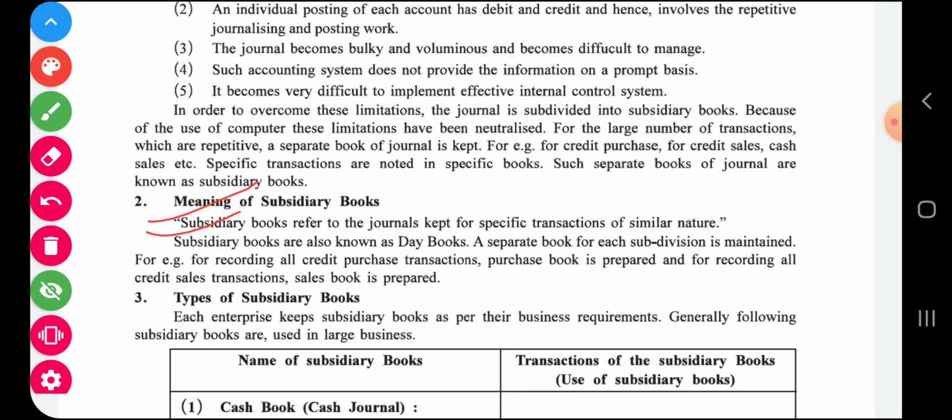Subsidiary books are also known as day books. A separate book for each subdivision is maintained. For example, for recording all credit purchase transactions, a purchase book is prepared, and for recording all credit sales transactions, a sales book is prepared. So we will learn to maintain separate books for each type of transaction.